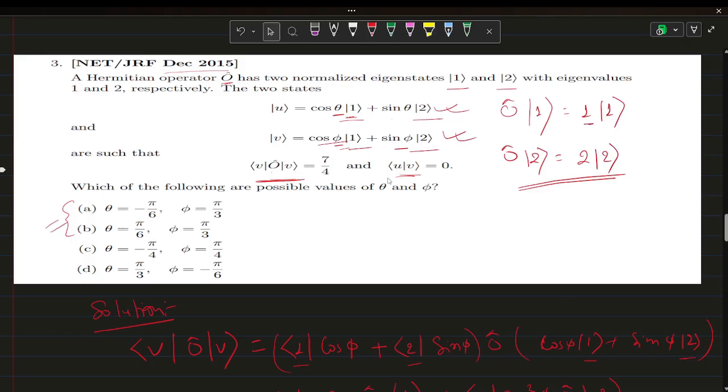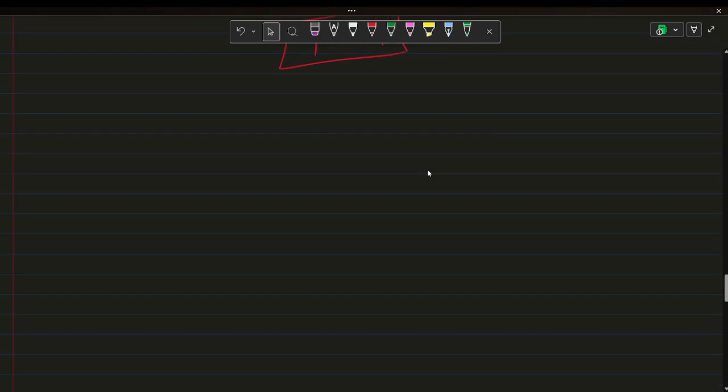Now let's move to the second term, for θ. ⟨U|V⟩ is equal to 0.